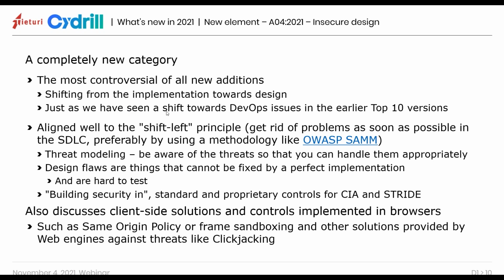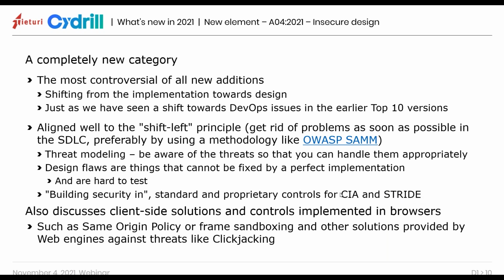So what we need to do here is to follow a principle called shift left, which tries to identify and fix security issues as early as possible, which can be sometimes even in the requirements or design phase. So it's important to look out for missing controls, security controls, and security functionality by following the standards of security engineering for security requirements, so the confidentiality, integrity, and availability triad, and threat modeling, which is represented with STRIDE, or spoofing, tampering, repudiation, information leakage, denial of service, elevation of privilege.